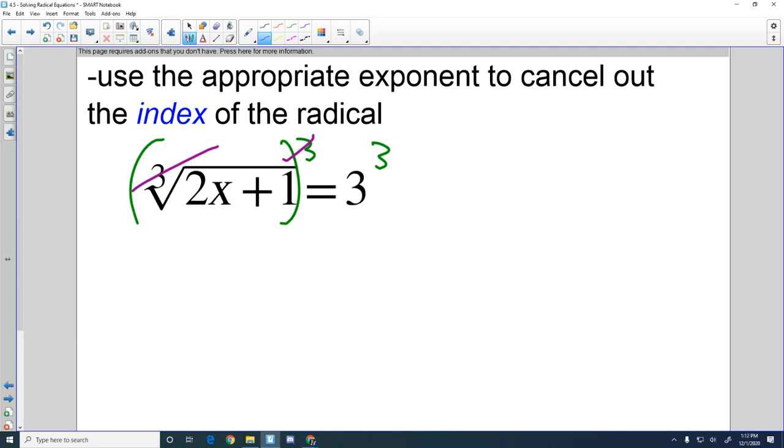They're gone. We're now left with 2x plus 1 equals, anyone know what 3 to the third power is? 27, good. Remember that an exponent doesn't mean 3 times 3. You're multiplying 3 times 3 times 3, which does give you 27. Awesome. All right, go ahead and finish that problem real quick.